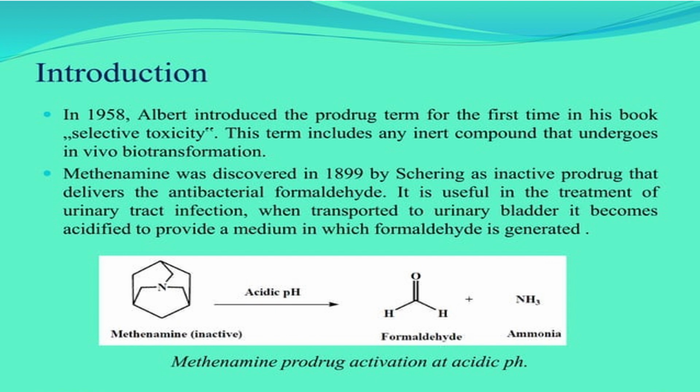The biological approach is altering the route of administration. If some drug molecules give poor pharmacokinetic properties, we can go for another route of administration in order to alter the biological properties. In the physical approach, we are modifying the design of the dosage form.